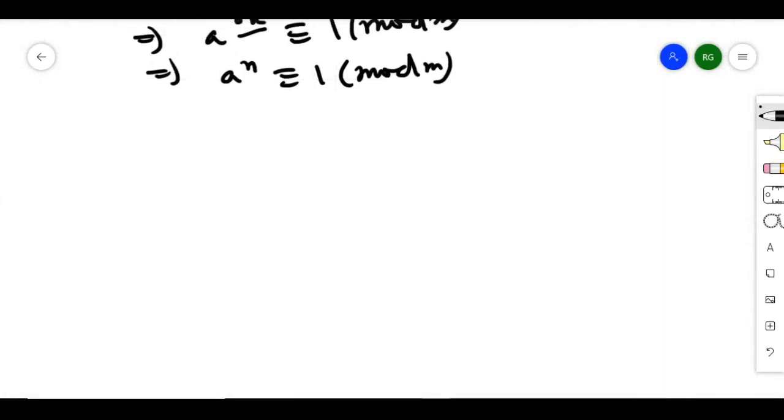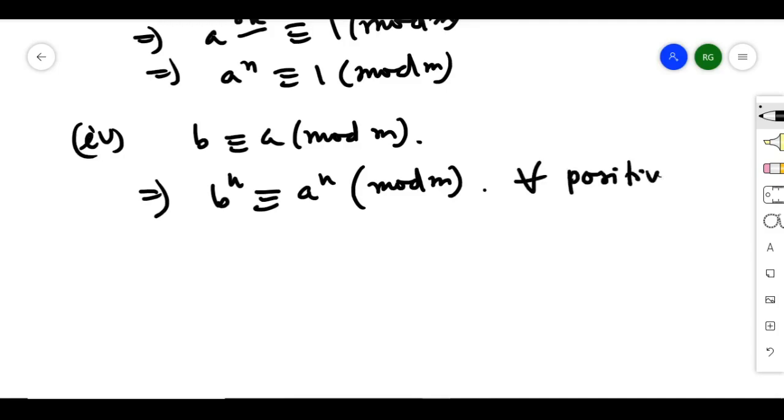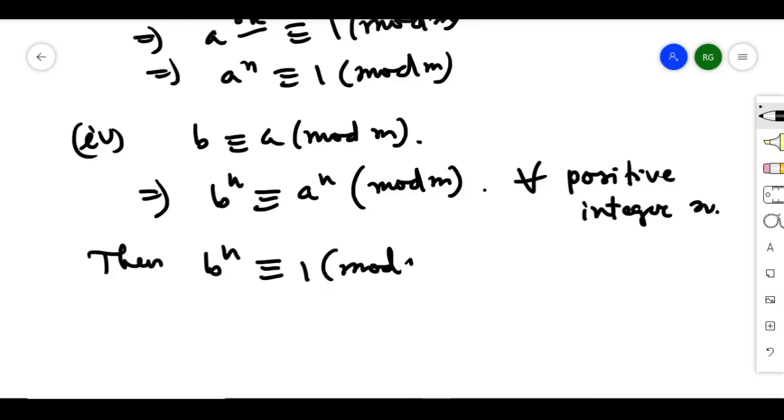Now for the last one, number 4, let us take b congruent to a mod m, and this will give that b to the power n is congruent to a to the power n mod m. It is also a property of congruence, and this is true for all positive integers n. Then b to the power n is congruent to 1 mod m if and only if a to the power n is congruent to 1 mod m.